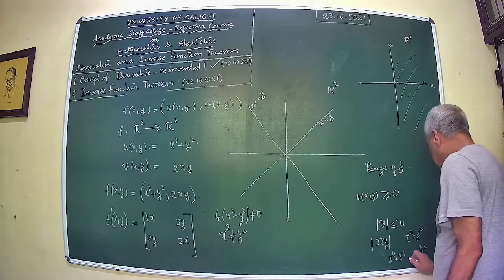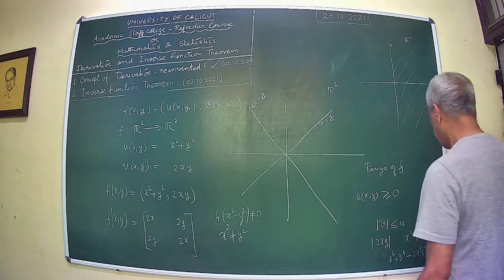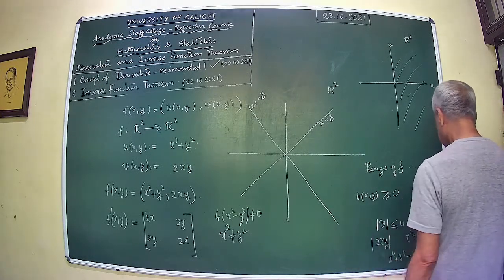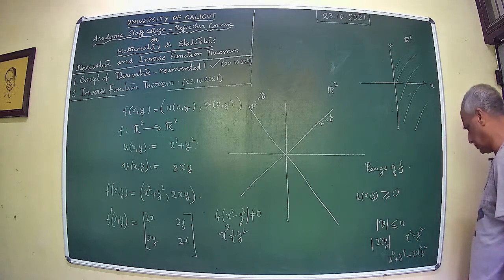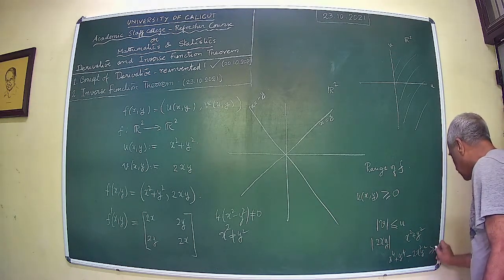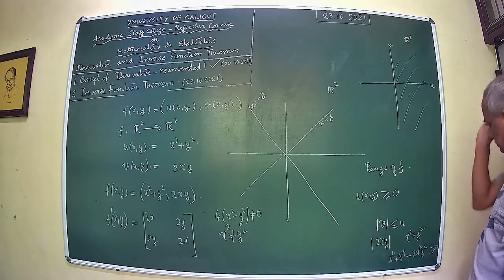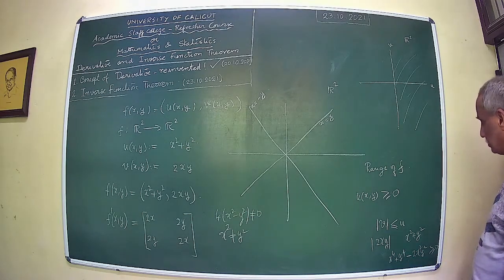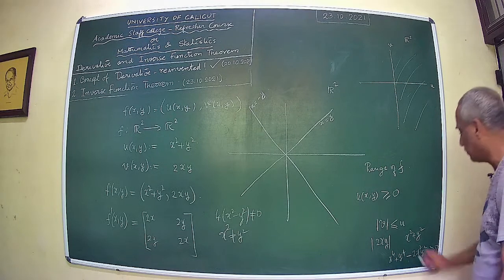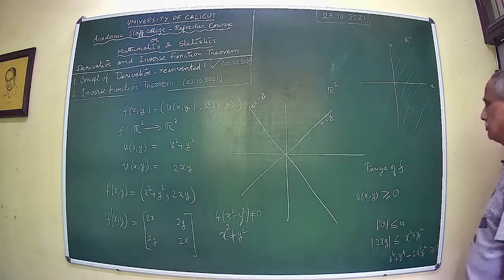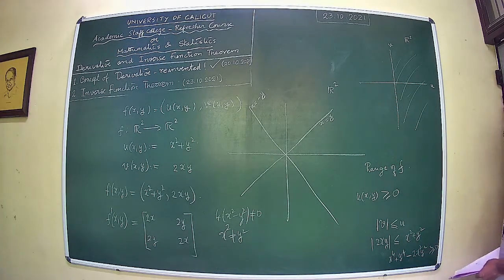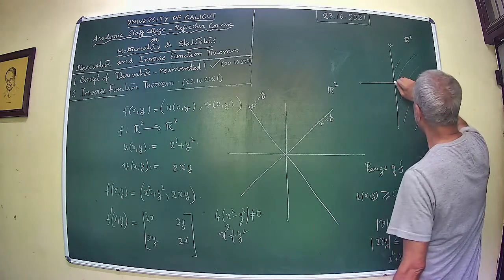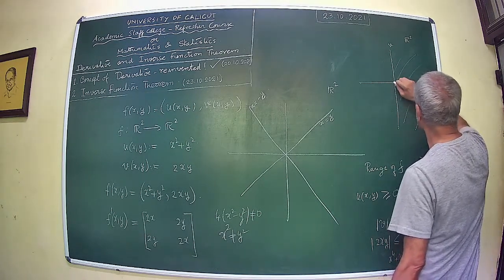Therefore if you push it to one side, you see that the square of this minus the square of this is greater than or equal to 0. This is always greater than or equal to 0. So from that you get this is less than or equal to this. Therefore you see that mod v is less than or equal to mod u.